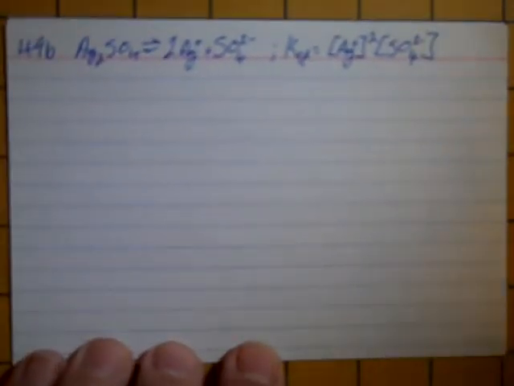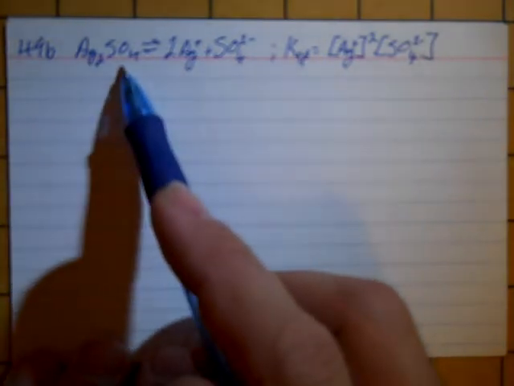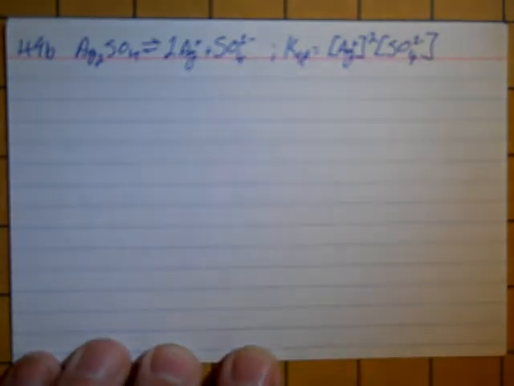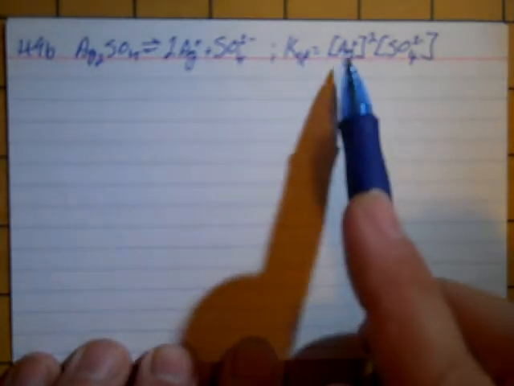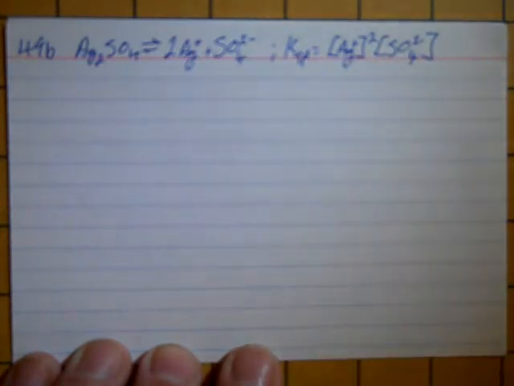In part B, it's another "will a precipitate form?" problem. This time it is about silver sulfate. So we have silver ions and sulfate ions going together, and our Ksp is silver ions squared times sulfate ions.